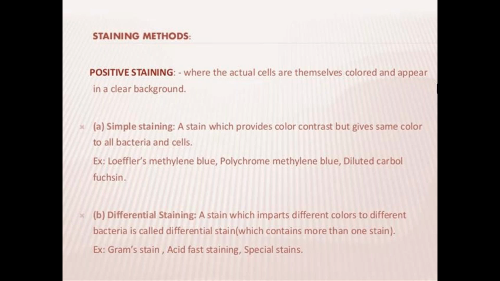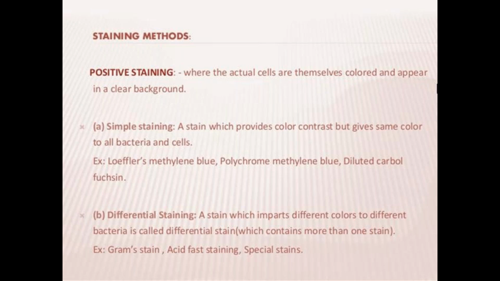Gram staining is mainly used to differentiate gram positive ones and gram negative ones. Whereas the acid fast staining technique is mainly used for the identification of Mycobacterium species. Mycobacterium tuberculosis is there, Mycobacterium leprae is there, and to identify these, acid fast staining is used.